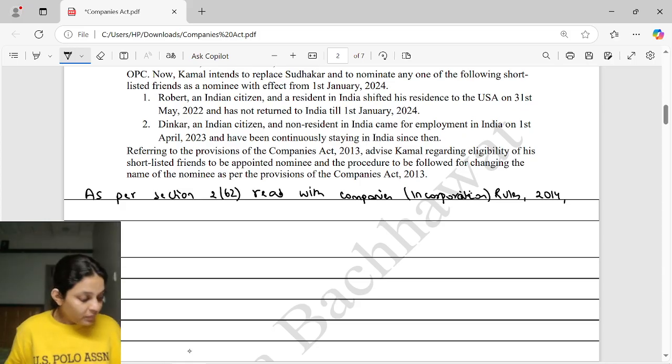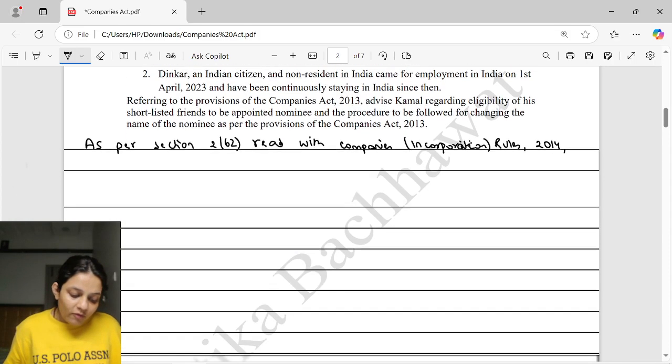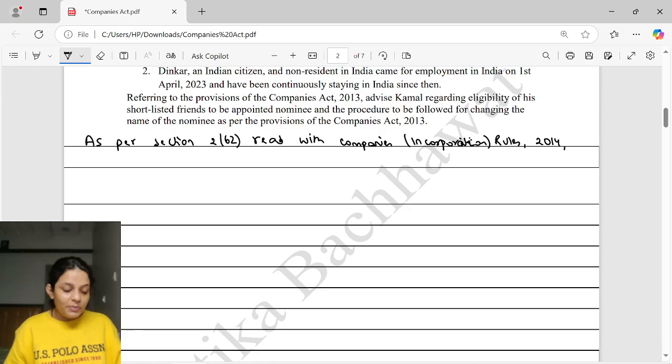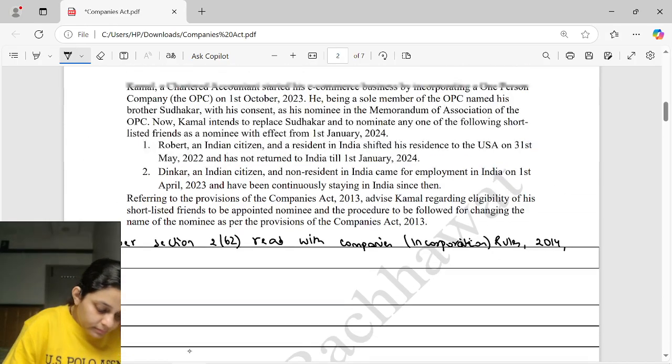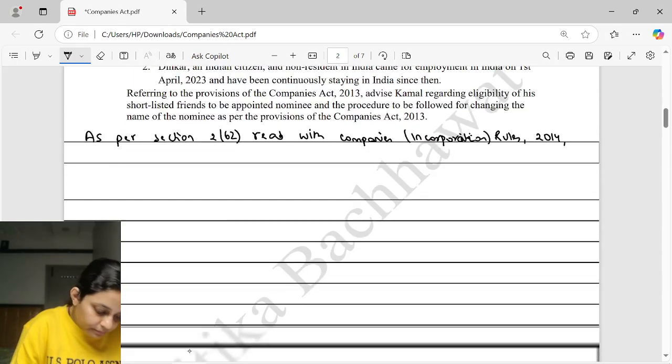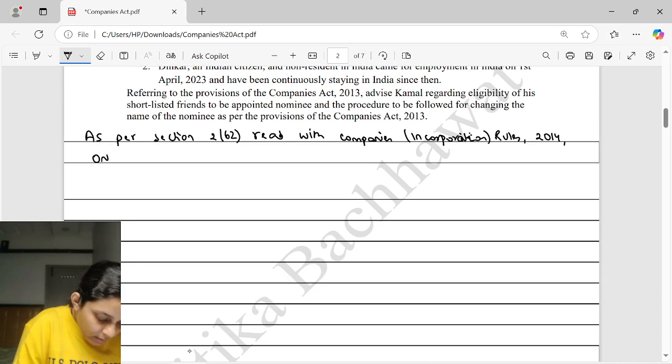That's it. Right? So, as per Section 2, Clause 62, read with the Companies (Incorporation) Rules, okay.